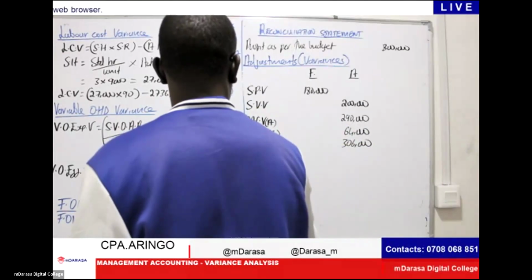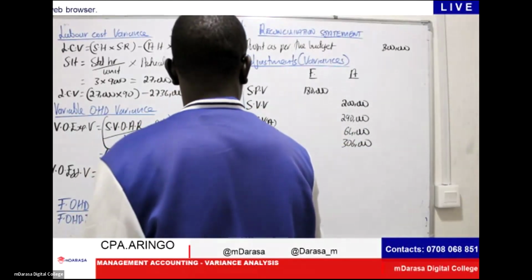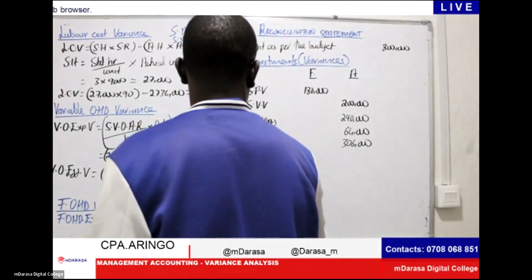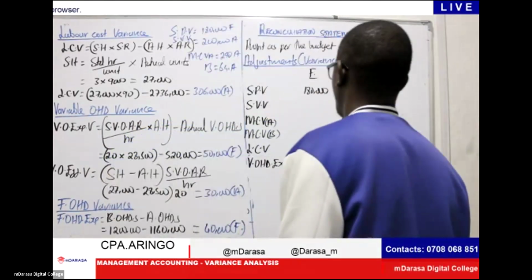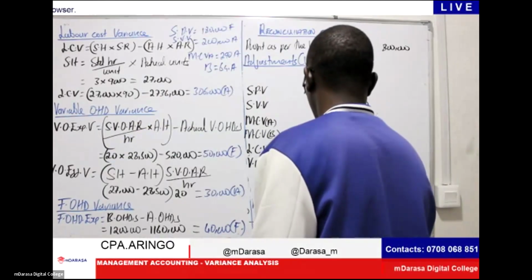Variable overhead expenditure variance, we have a favorable of 50,000.